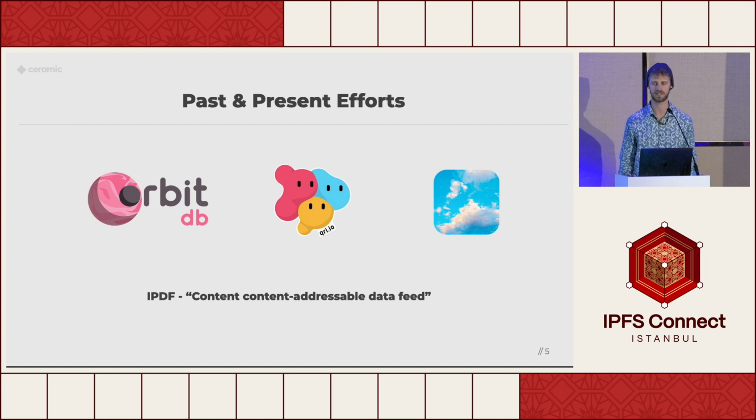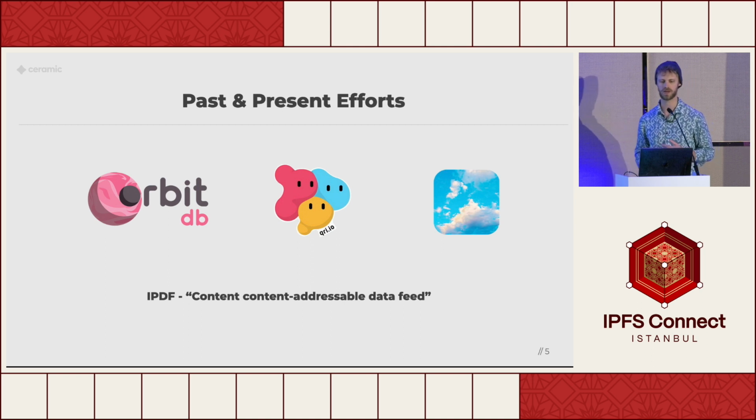There are actually a few efforts that have been trying to do this over time in the IPFS ecosystem. OrbitDB is one fairly well-known one. Query is one that is not really around anymore. To the right here, you have Bluesky, probably the one that's most deployed right now, but it's very focused only on social networks. It's not really general.